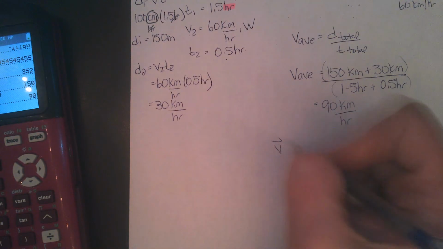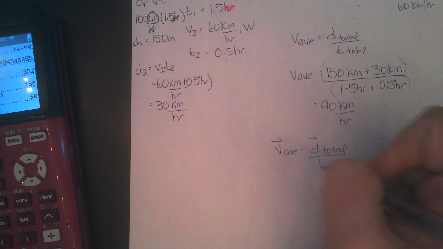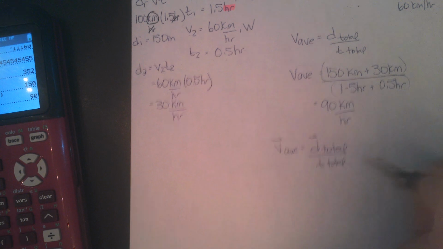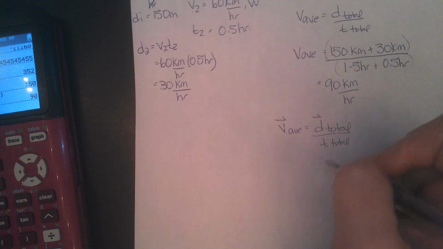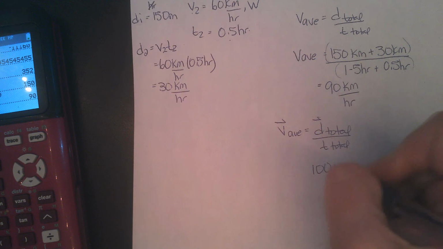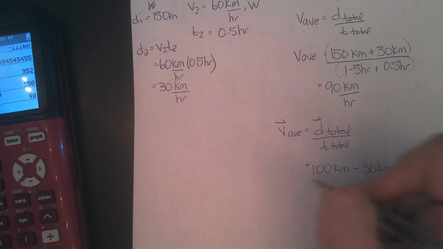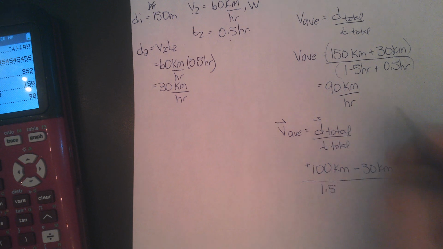My velocity average is equal to my displacement total divided by my time total. So my displacement total is, I went 100 kilometers. Remember, I wrote my directions in. I went 100 kilometers east, which is a positive direction, and then I went 30 kilometers west, which is a negative direction. Time cannot be subtracted.